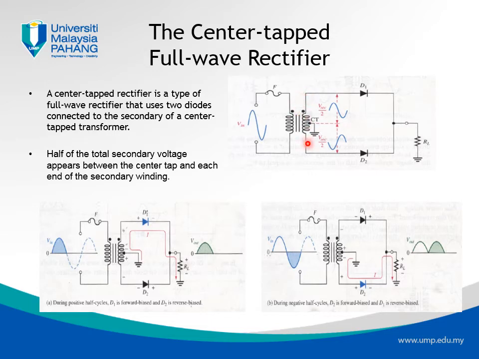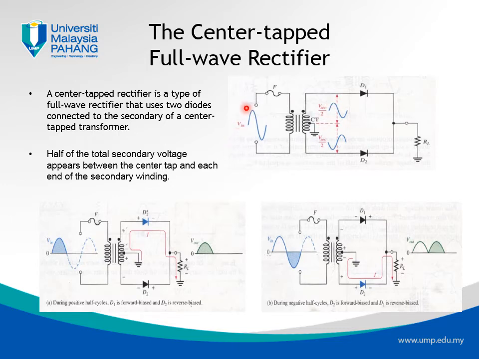In the secondary part of the transformers, half of the coil of the transformers is connected to one diode circuit, while the other half is connected to another diode, right? So the waveform that comes out from the secondary coil of the transformers is divided into two.